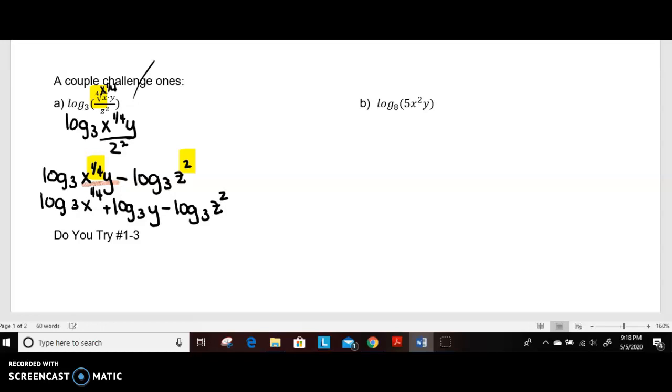Okay, so now I'm going to worry about these exponents using the power property where they walk across the log.